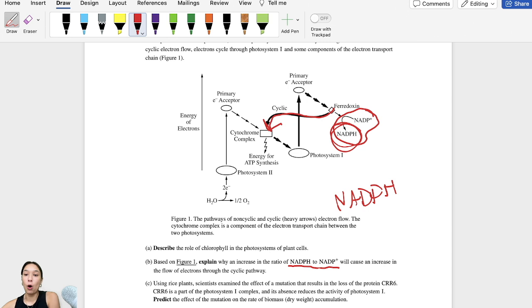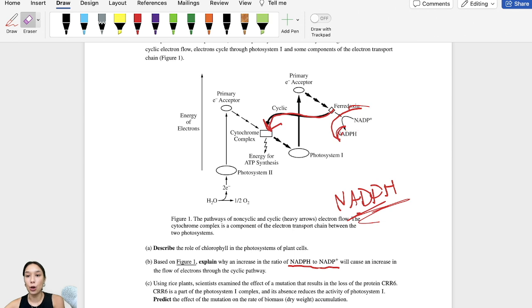If you have all your electrons stored in NADPH, you cannot do this reaction because you don't have the starting product anymore. If you don't have the starting product, you cannot do this reaction. So I have a really low amount of NADP plus because most of it exists as the end product. And so as a result, you're not going to do this at all. What's going to happen is the electron is then going to go back because it can't get added to NADP plus.